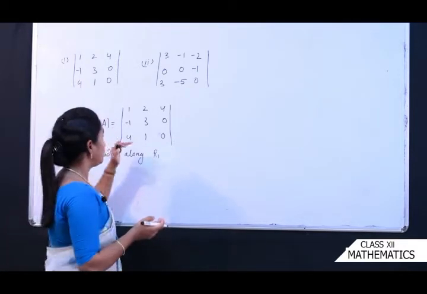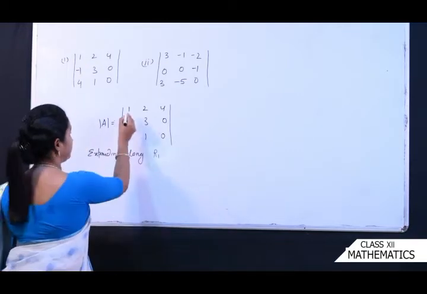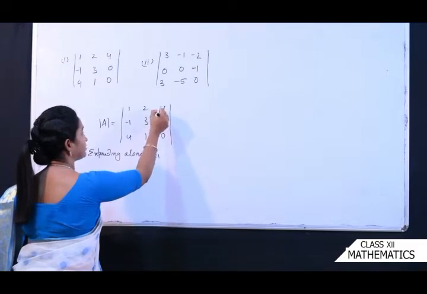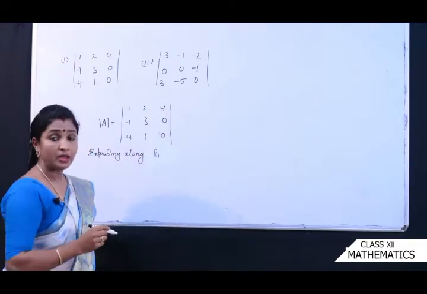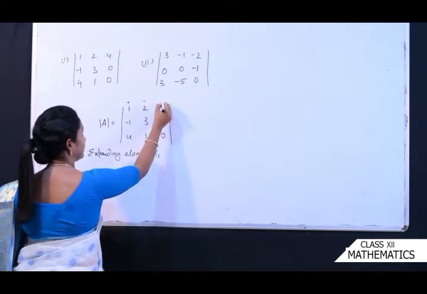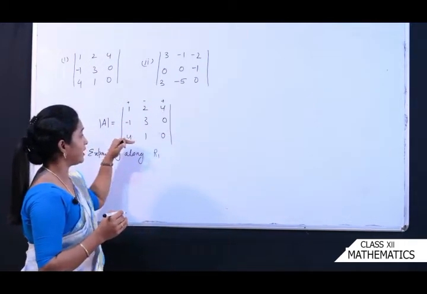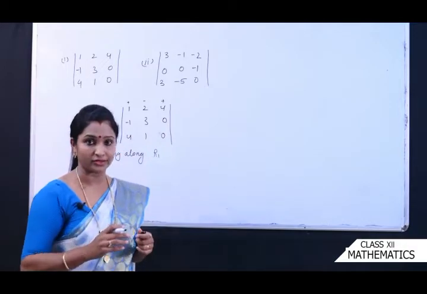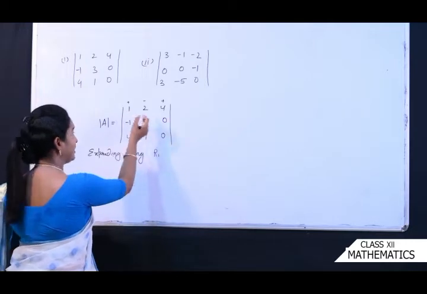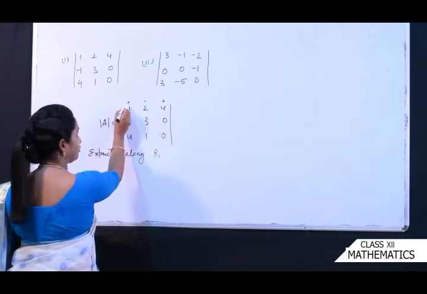Okay. Now, when you expand along R1, what is the procedure? First element into its cofactor, second element into its cofactor, third element into its cofactor. But the problem is, you know, here it is plus, the minus, this plus. Every time it is not possible to find plus minus through cofactors. Okay, so I'll tell you a trick. What is the trick? See, you know that anyhow the first one you have to remember. Always when you find the cofactor of this element, you will be getting plus.